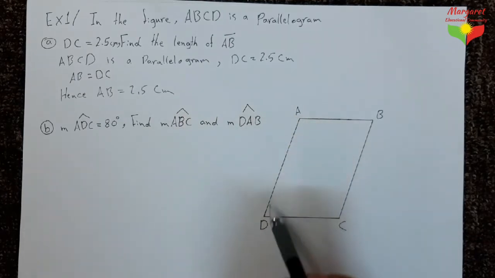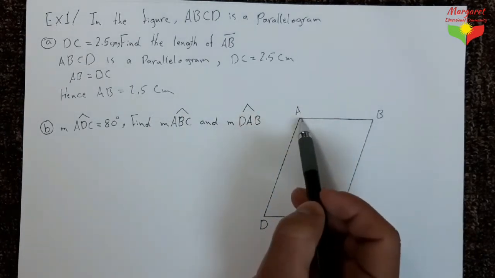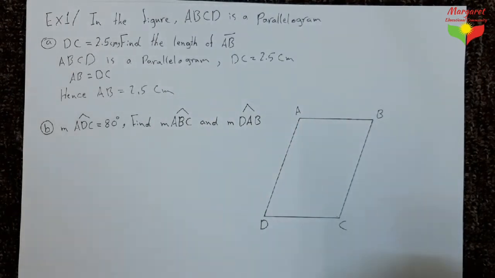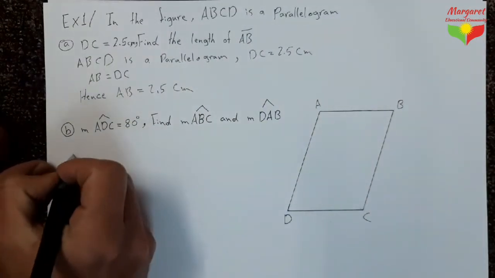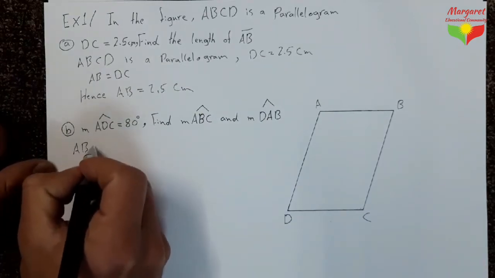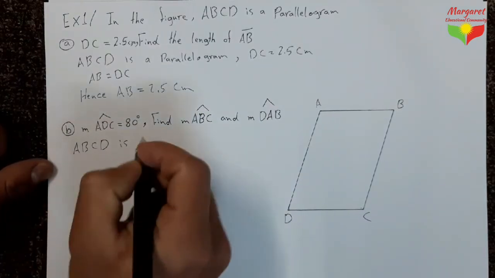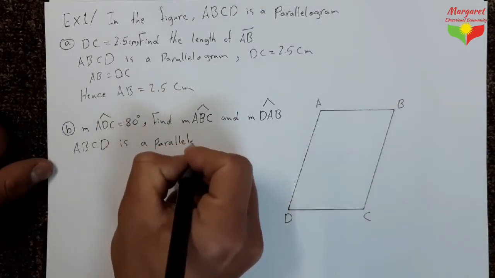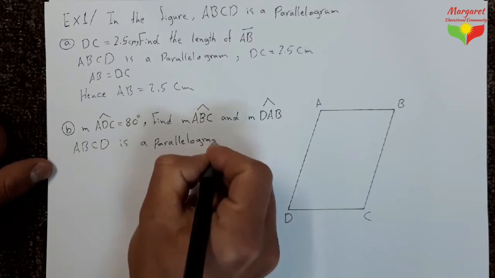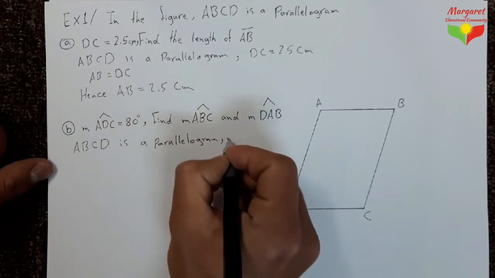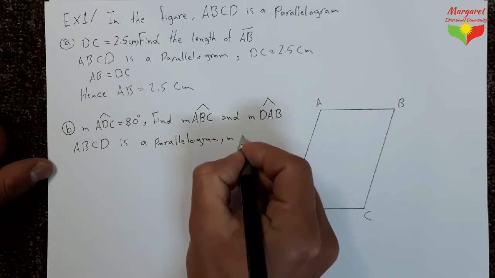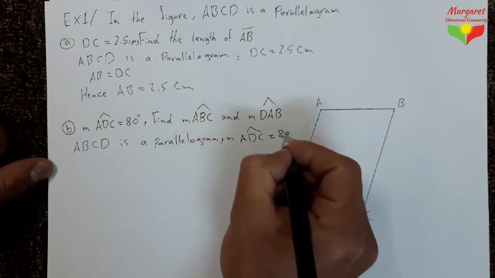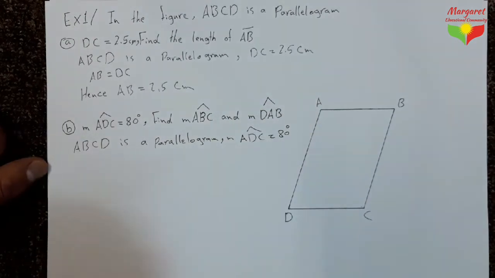Given that ABCD is a parallelogram and measure of angle ADC equal to 80 degrees.